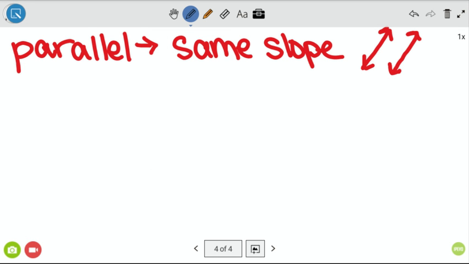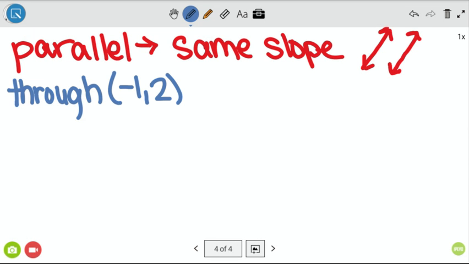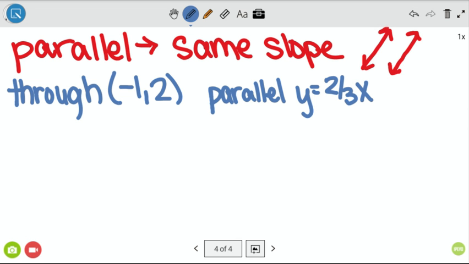So you are going to have two problems today that are just a little challenge. So I'm going to give you a point to use, something like this, but instead I'm going to say it's parallel to this other line, y equals 2/3 x minus 2.